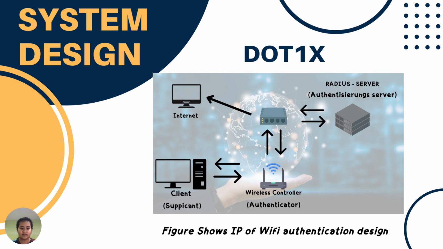The client sends the data to the wireless controller, or the authenticator, and the authenticator sends the data to the switch, and the switch sends the data to the RADIUS server. Then the RADIUS server sends back again, and the switch sends back again, and the wireless controller, or WLC, sends the IP so the user can use the Wi-Fi and use the internet.